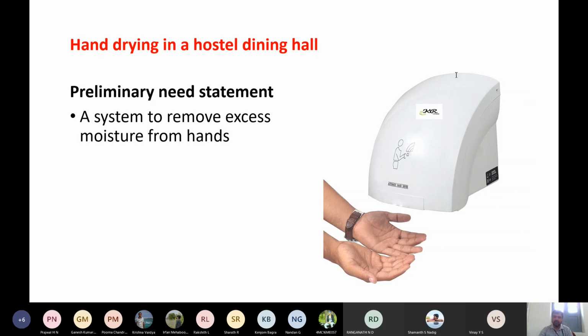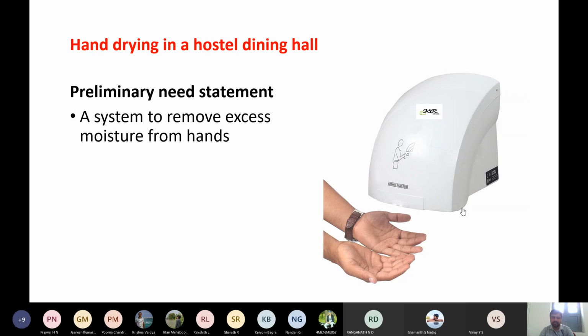Now what are the specifications? Before going for designing, you should know the specifications. What are the specifications required for a hand dryer? So you can start typing your answer.